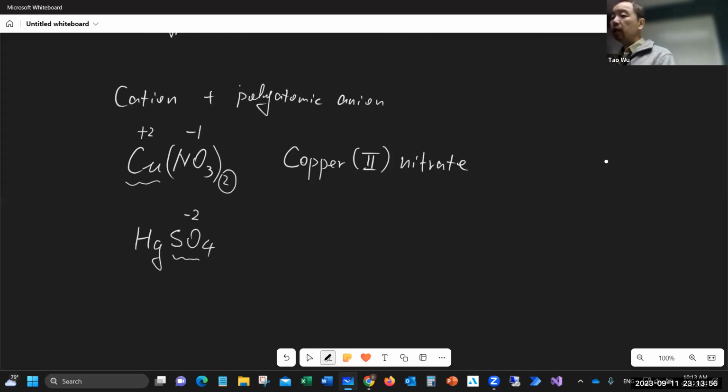Here we only have 1 sulfate and 1 mercury, so mercury also has a 2 positive charge. That's why this one is called mercury 2 sulfate.